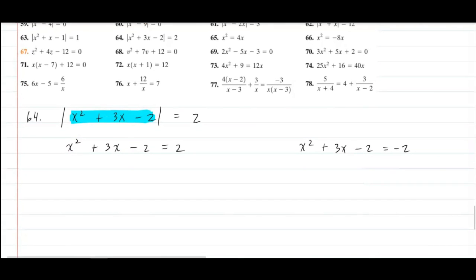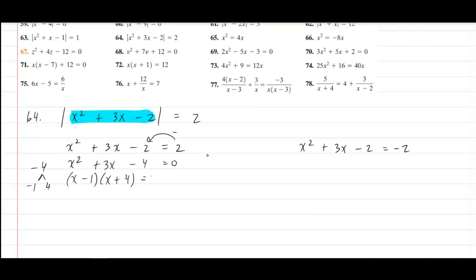In situation number 1, if you solve the equation by bringing the 2 over to the left side, you'll notice these are both quadratics, right? So x squared plus 3x minus 4 is equal to 0. So now let's solve that quadratic. And remember, don't just jump to the quadratic formula. You're going to run out of time in these assessments and stuff like that. So you end up with 1 and 4 with a negative on the 1. So you end up with x minus 1, x plus 4 is equal to 0.